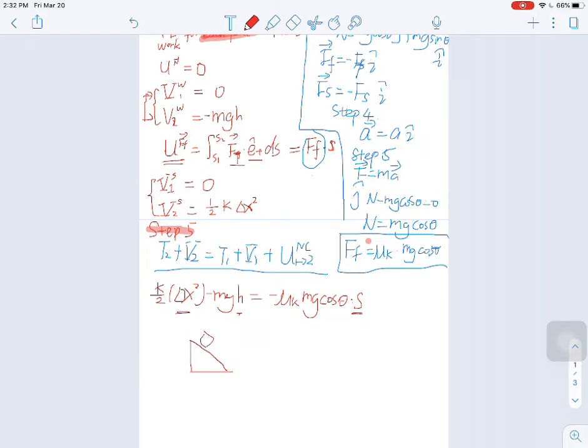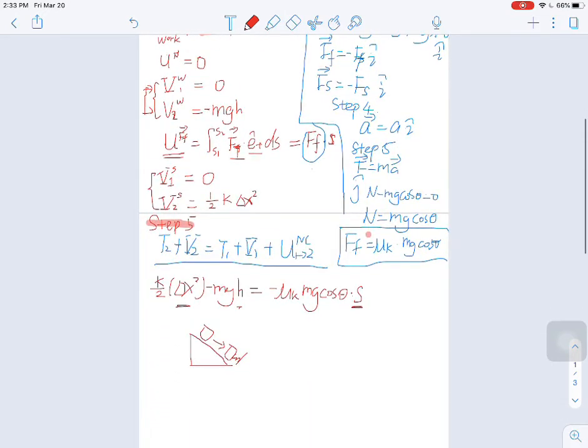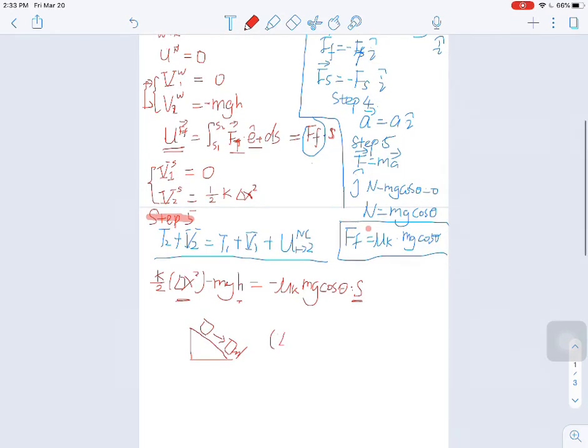The block is traveling downwards to compress the spring, and the total distance traveled is equal to delta x plus d, and the height h there can be solved by using the angle theta.